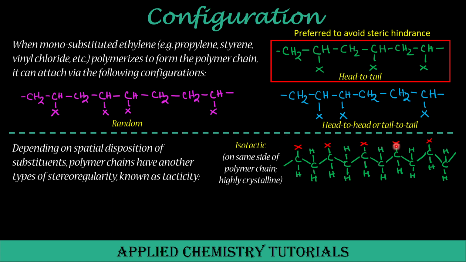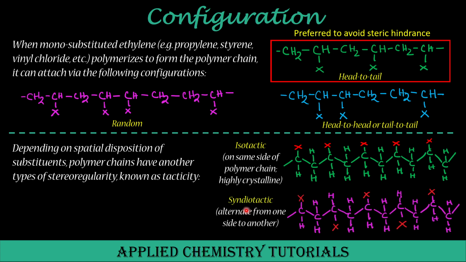Now because of this regularity, they can pack very well in an ordered arrangement in a crystal, so they have high crystallinity. For the syndiotactic polymer, the X or the substituent groups alternate from one side to another of the main polymer backbone.